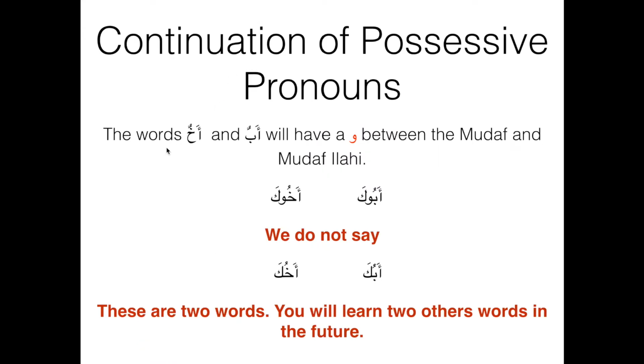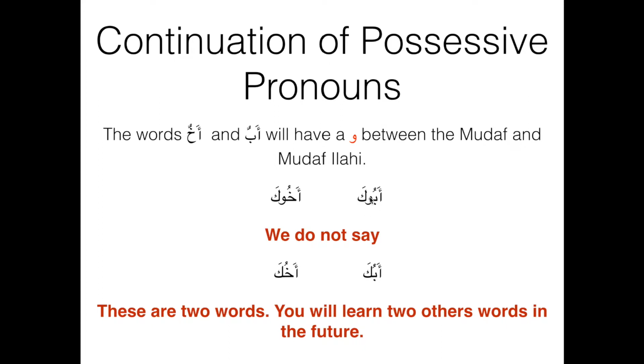We have over here the words akhun and abun. Now, when we add a possessive pronoun to akhun and abun, we have to add a waw as well. So abuka, akhuka. There are 4 words like this.